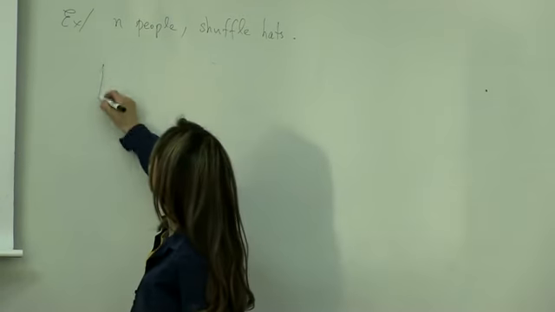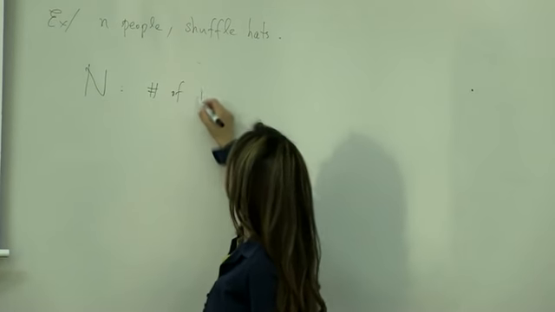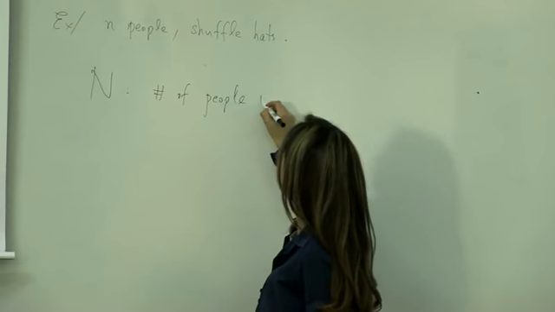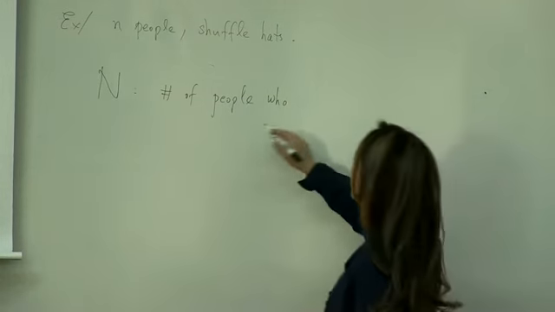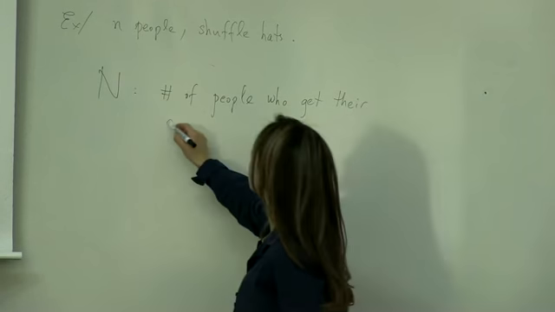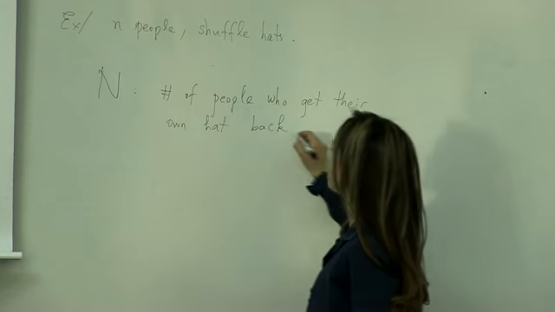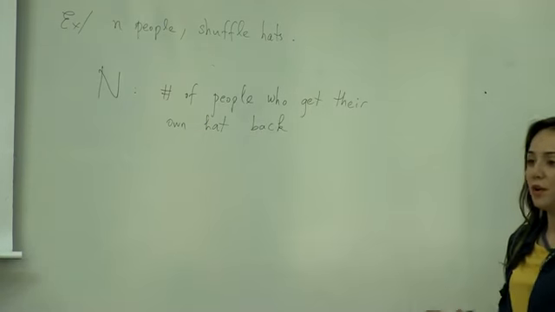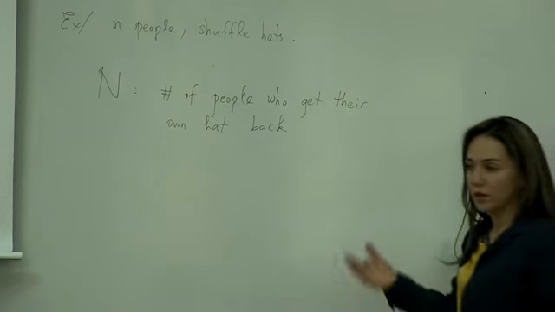So let N be the number of people who get their own hat back randomly after this shuffling. How do we express N in terms of indicator functions?